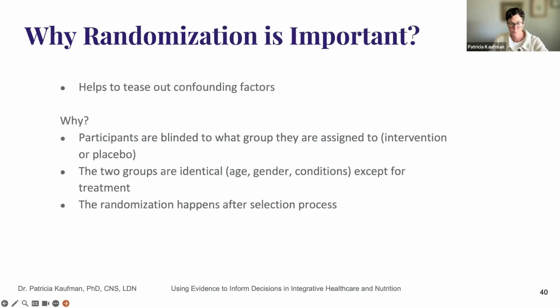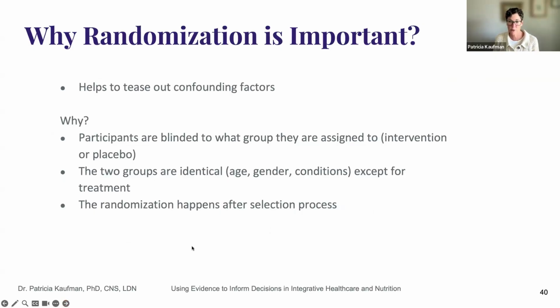Why is randomization important? It helps tease out those confounding factors. Participants are blinded to what group they are assigned to. The two groups are identical, and the randomization happens after the selection process.